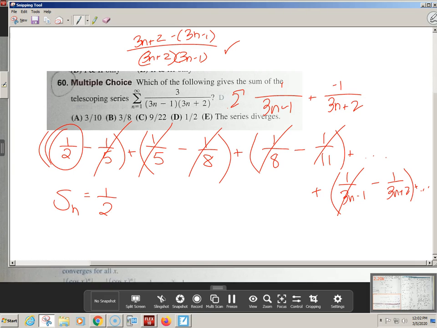Until I go to the next term, that piece will still be there. But as I go to infinity, this piece is going to 0. I'm trying to get my infinite sum. That's going to 0. My answer is 1/2, and 1/2 will be the partial fractions.